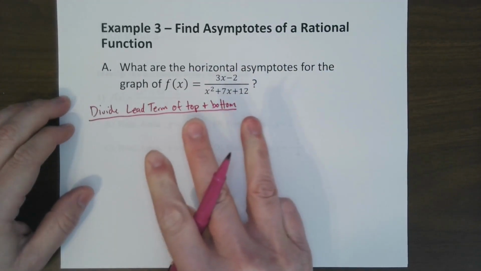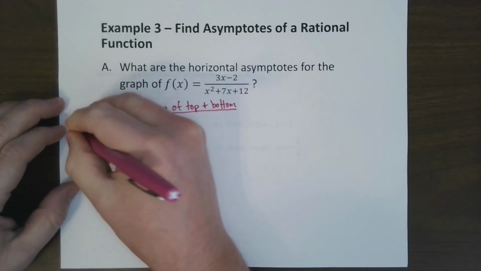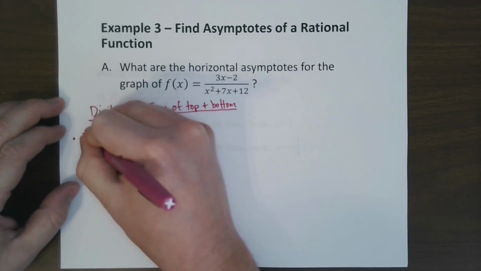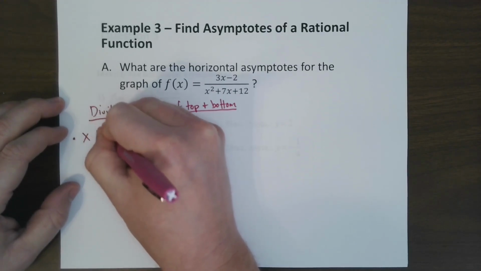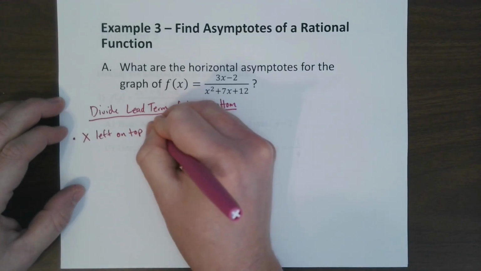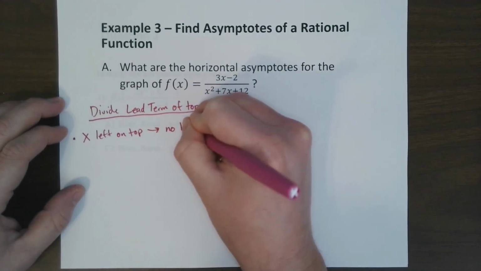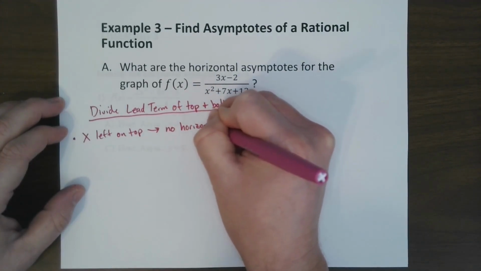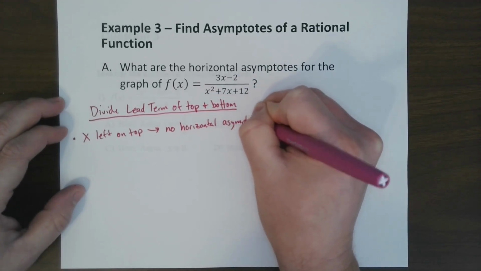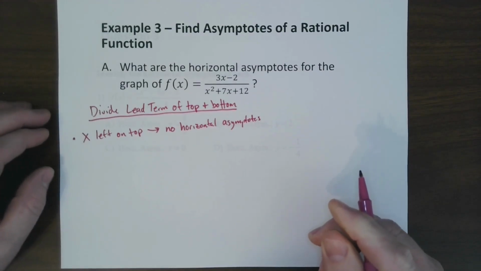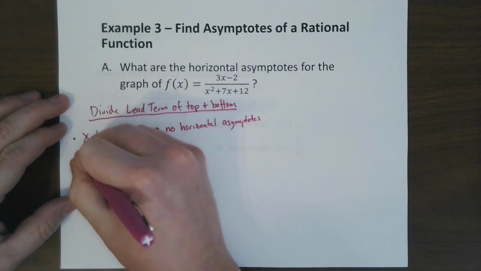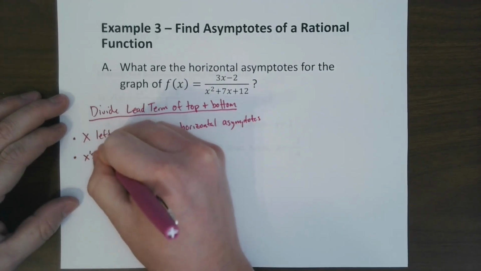We have three cases that can show up. The first case is there's an x on top. If that's the case, then there are no horizontal asymptotes. Next, you could have the x's cancel.